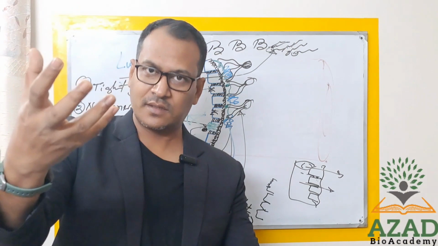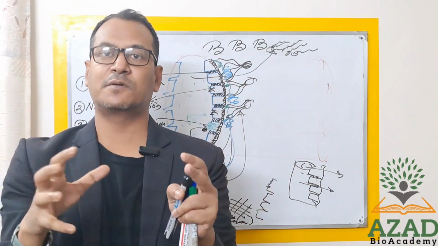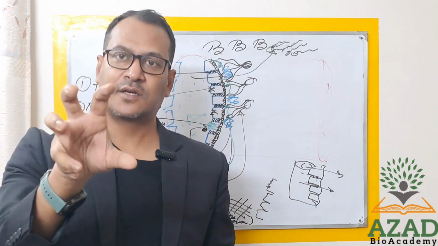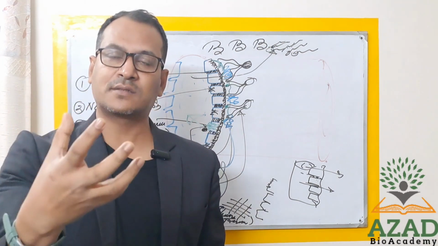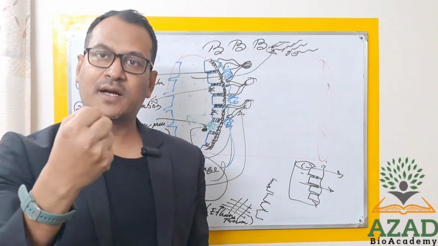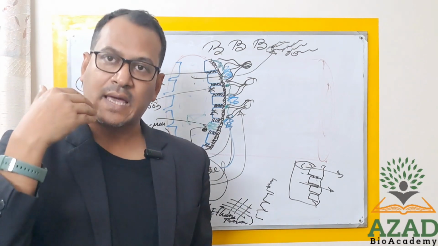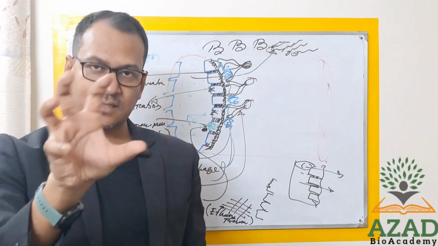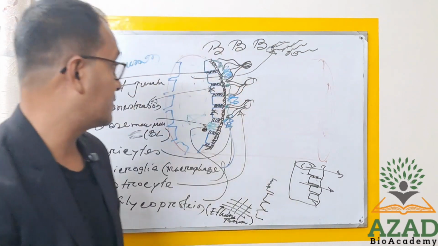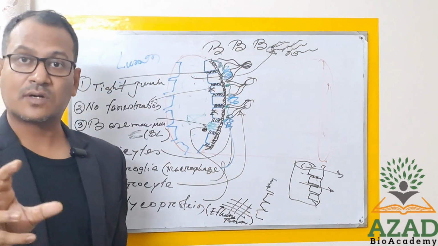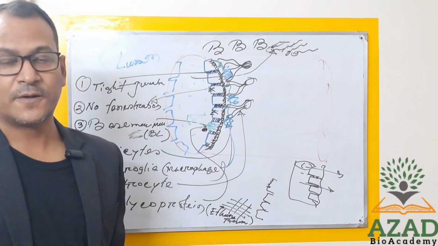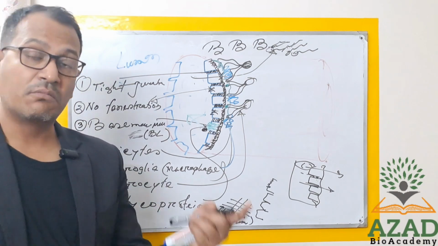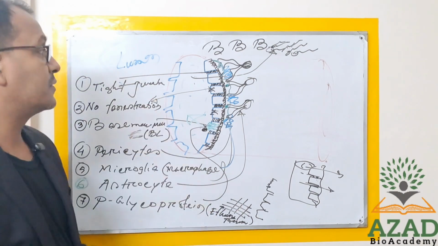So how should you think about it? The blood-brain barrier is nothing but a set of special components which will prevent undesired, abnormal or excessive substances from reaching the brain. It is not like a wall, a single type of barrier. There are multiple components which can act as a barrier, so combined you can say this is the blood-brain barrier.